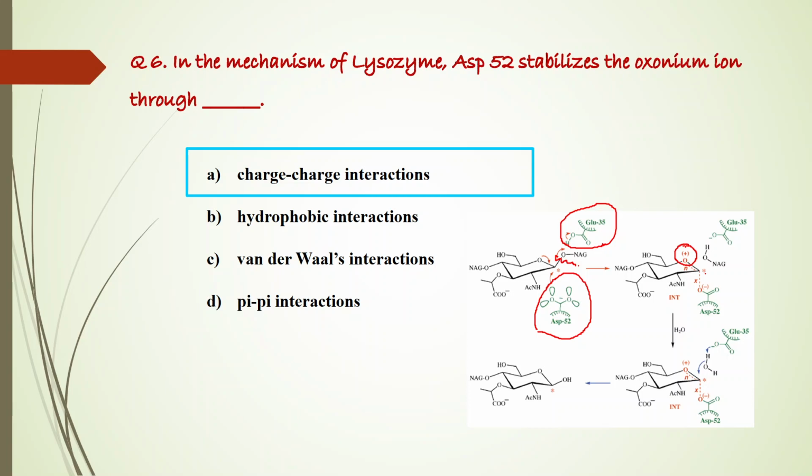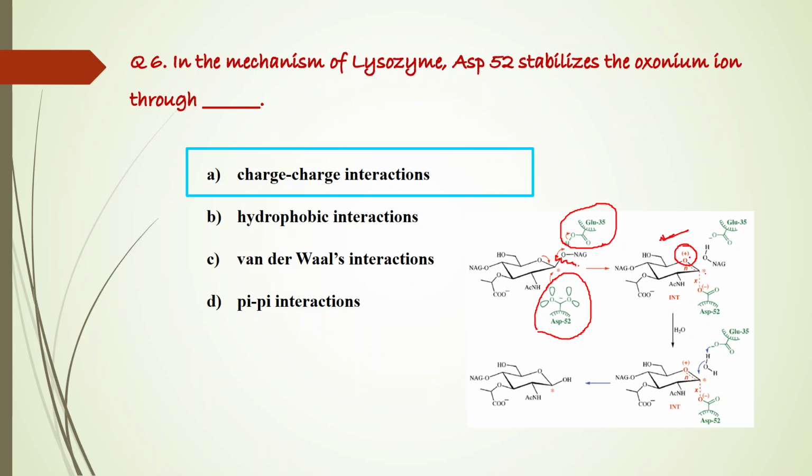This is called the oxonium ion. Whenever this bond is broken by the presence of GLU35, there is a formation of this positive charge on oxygen, which is called the oxonium ion. So, GLU35 has reacted, it has taken this NAG moiety out, and there is our positive charge.